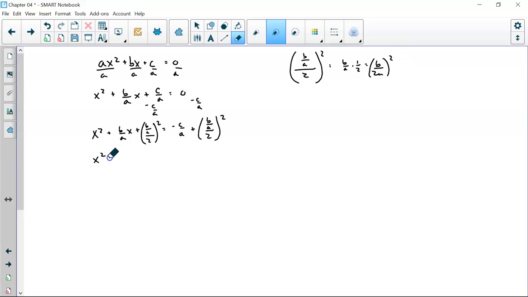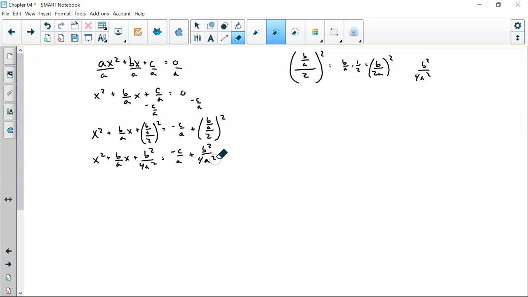So it's x squared plus b over a times x plus, and when we square b over 2a, we get b squared over 2 squared, which is 4a squared. So we're going to get plus b squared over 4a squared equals negative c over a plus b squared over 4a squared.